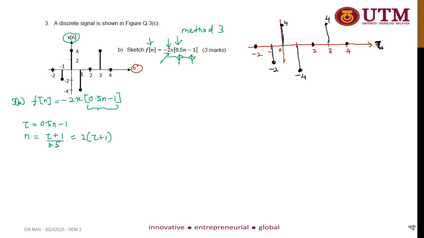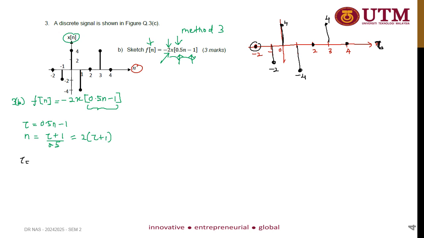So now consider the tau values to determine the new n position. When tau equals something, although the magnitude is 0, you still need to consider it, because based on the calculation, you may have magnitude in the new n axis.